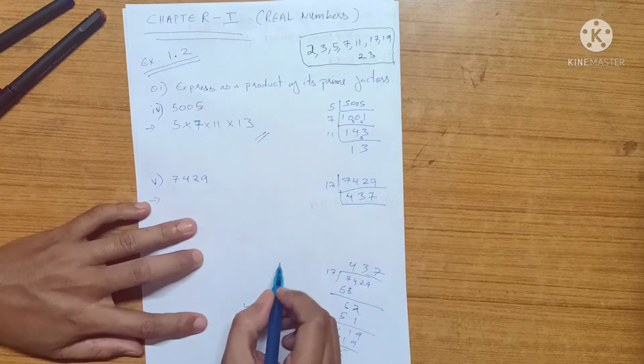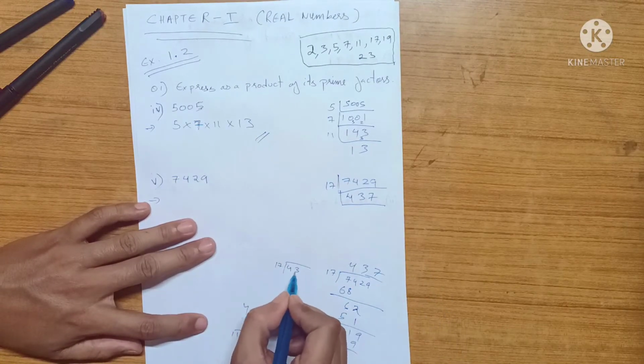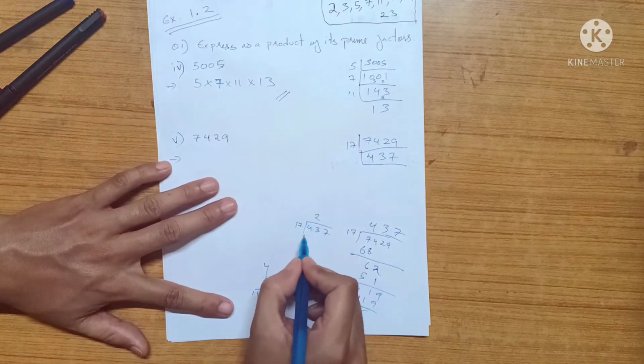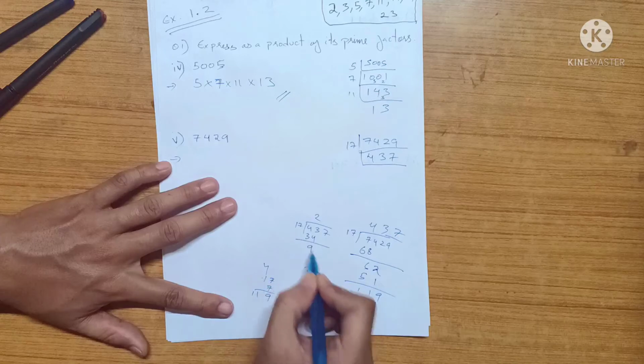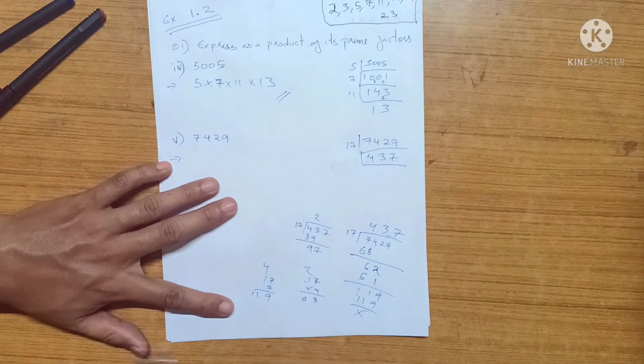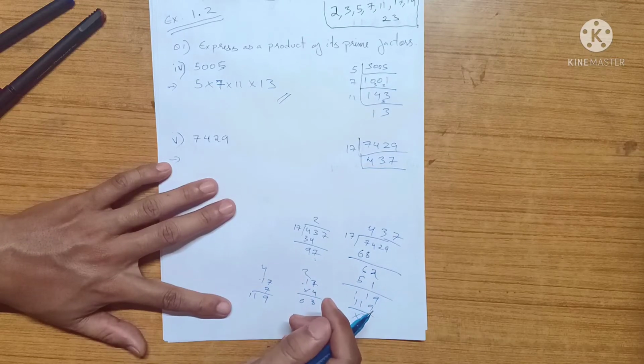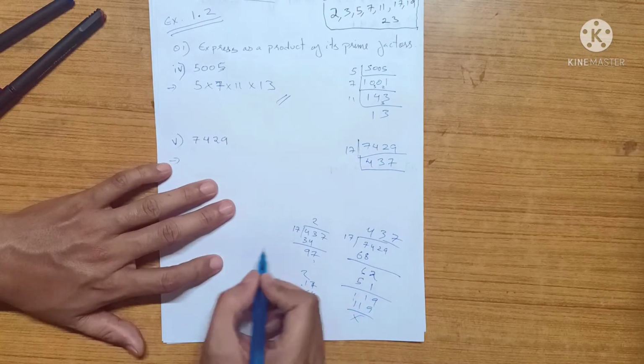So let's try it by 17 again, I guess. 4 3 7. 17 2s are 34. 9 7. 7 times table, 7 is not there, so we cannot do that. So let's try with 19.